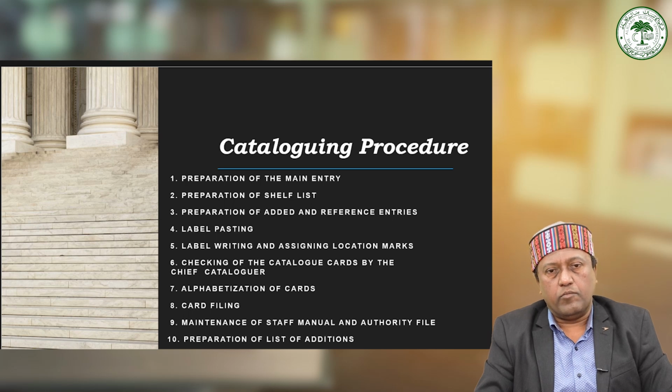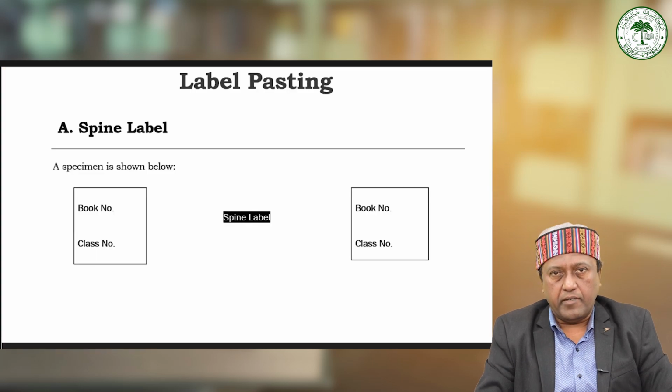So first most important is preparation of the main entry, and the second is the preparation of shelf list, and third most important is preparation of reference and added entries. After completing these 3 steps, the 4th most important is label pasting.